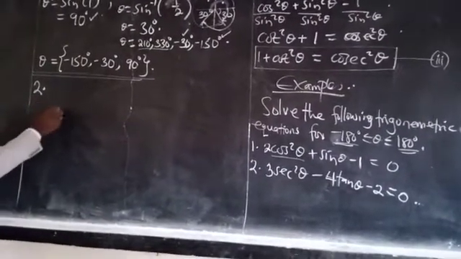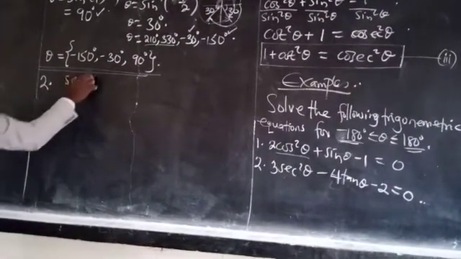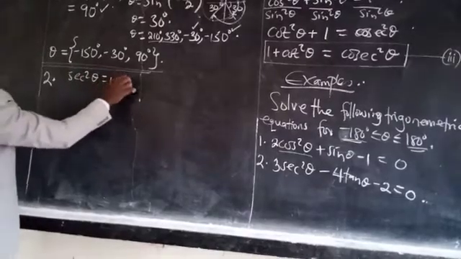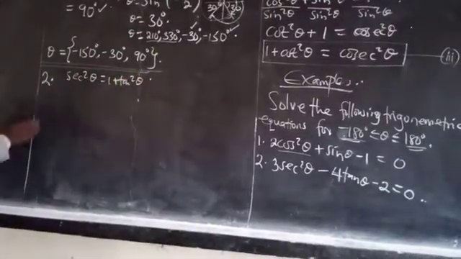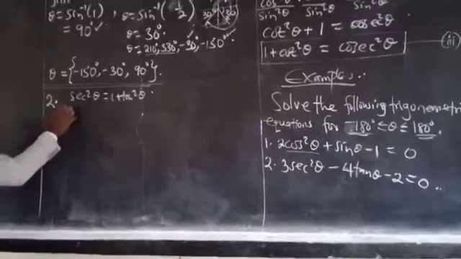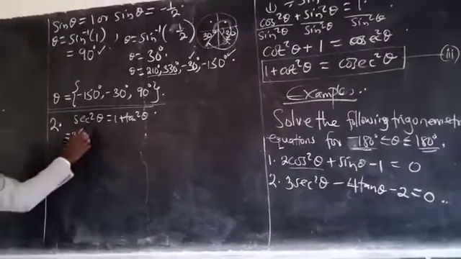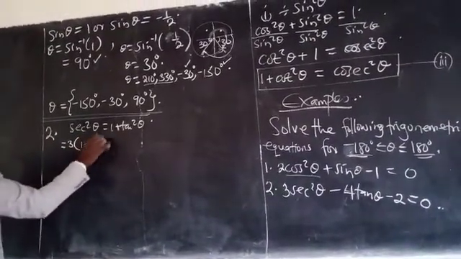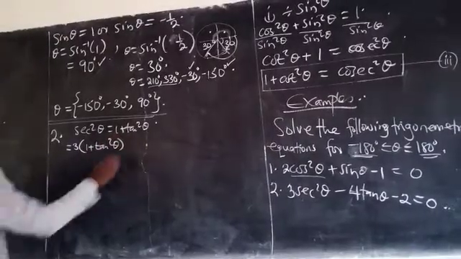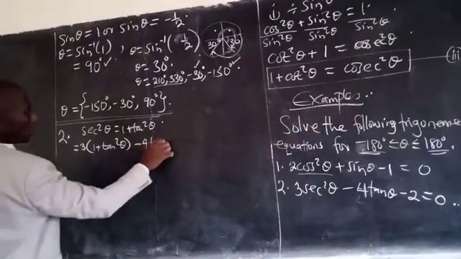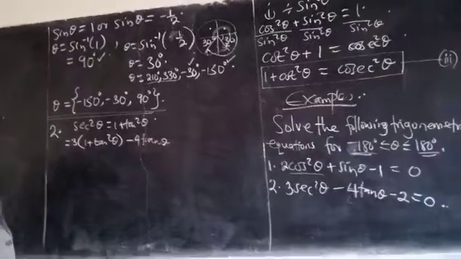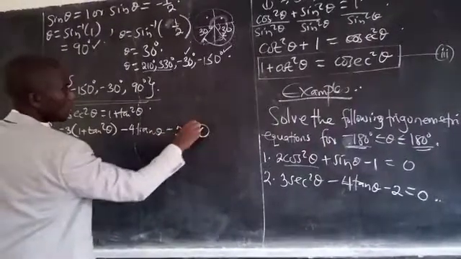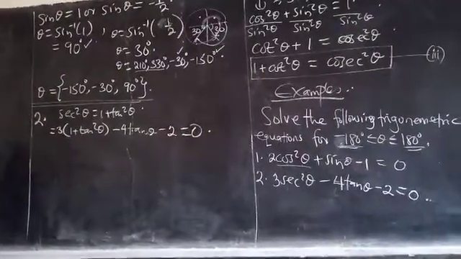So we shall say from sec squared theta equals 1 plus tan squared theta. So this one we shall have 3 into sec squared theta, which is 3 into (1 plus tan squared theta), then minus 4 tan theta, then minus 2 equals 0.